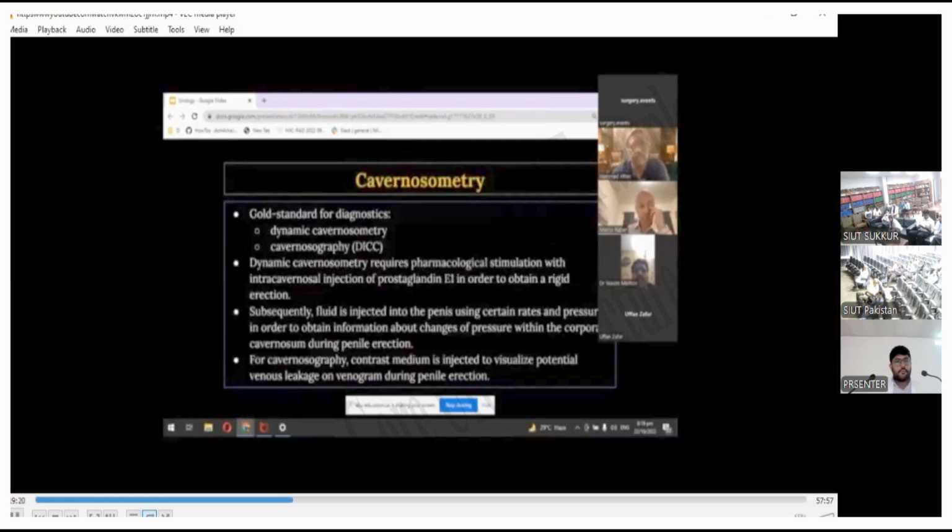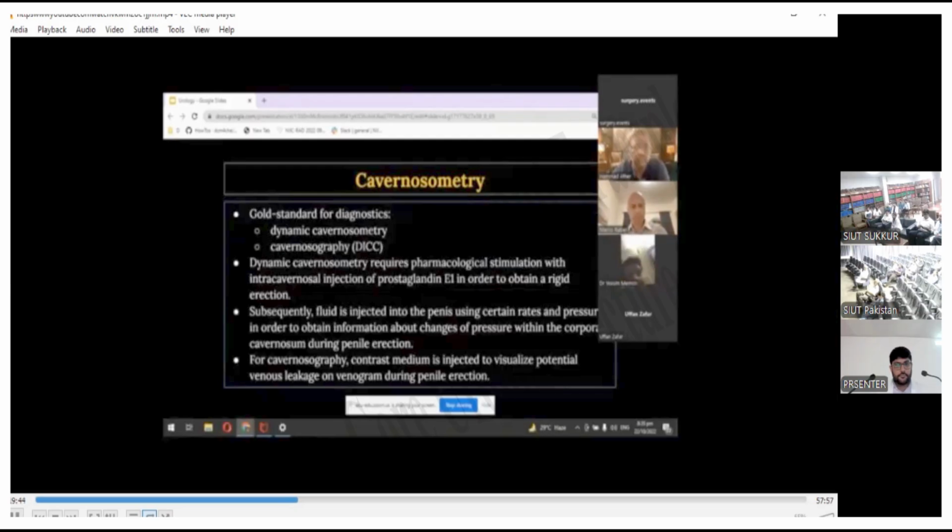So after doing this duplex ultrasound, the patient with suspected veno-occlusive dysfunction is evaluated based on the duplex ultrasound parameters, that is, high end diastolic velocities. Dynamic cavernosometry and cavernosography are the accepted gold standard for diagnostics.